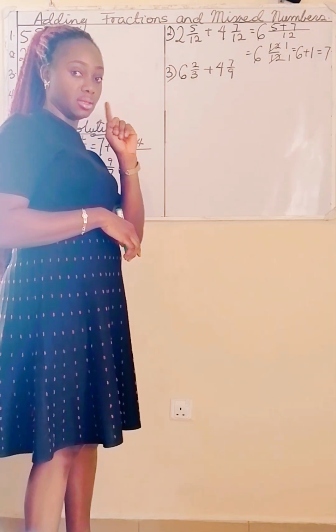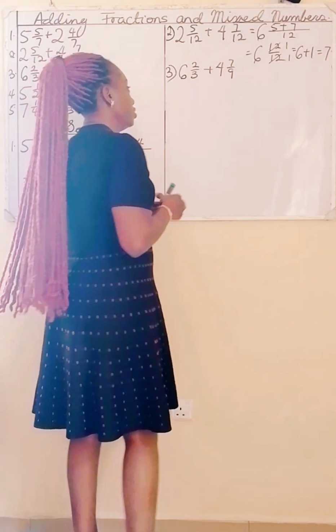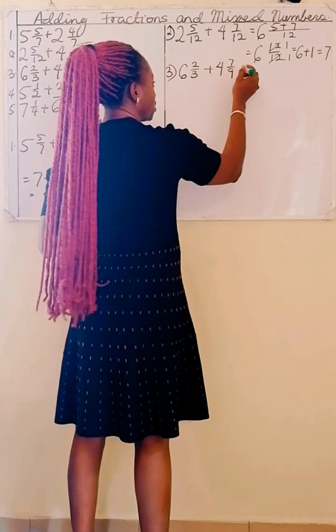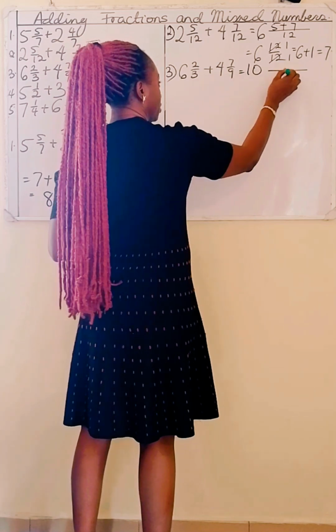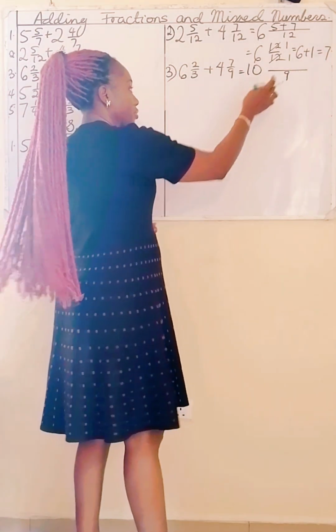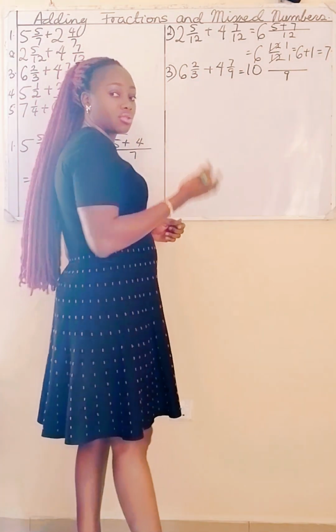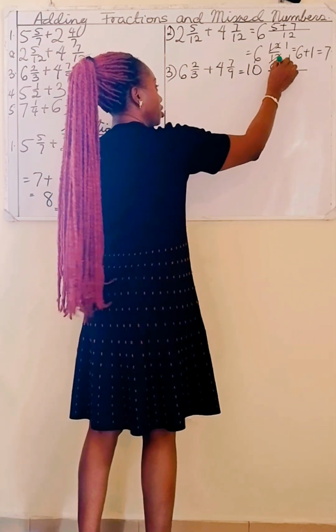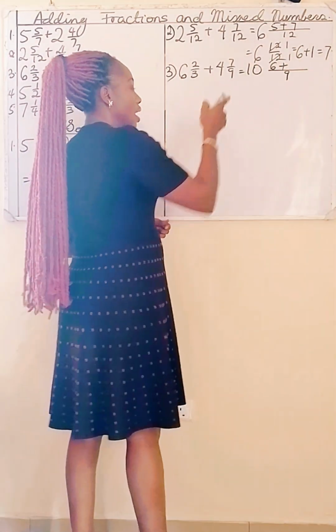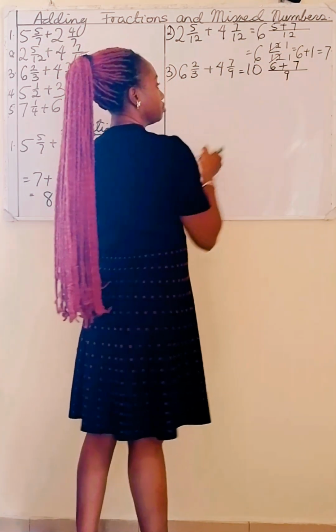So we're going to pick the largest number of the two denominators. 6 plus 4 is 10. Then we pick 9 as our common LCM. 9 divided by 3 will give us what? 3. 3 times 2 is 6. Plus 9 divided by 9 is 1. And 1 times 7 is 7.